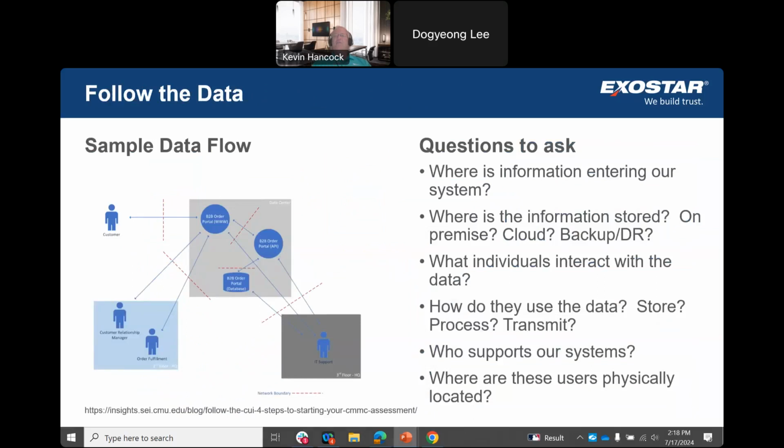Now, before I jump into, okay, how do we create that score? We first have to talk about how we define our system. Because what this is all about, when I'm looking at my NIST 800-171 controls, is the extent of the system that I need to secure.